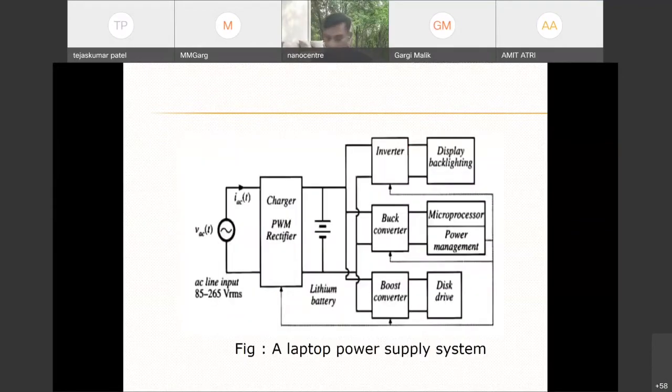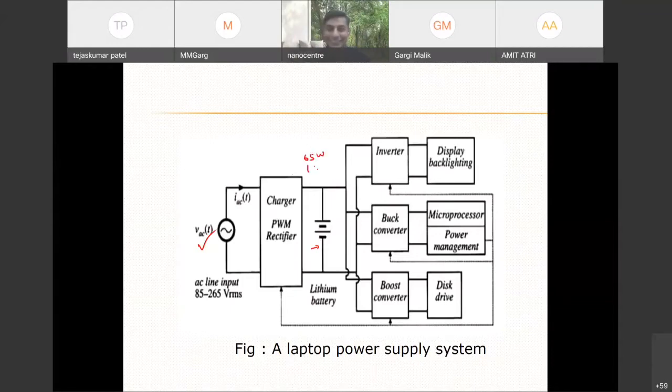There are various applications of these power electronic converters, like domestic applications, laptops, computers, in fact mobile chargers, then electric vehicles, microgrids, speed motor drives and traction, etc. Then aerospace systems, telecommunication. At many places, these power electronic converters have been used since long.